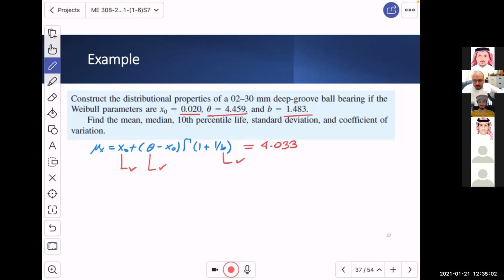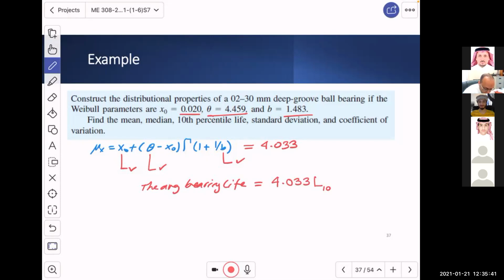This is x. This is the mu for x, the average for the dimensionless parameter. So when this is the average for the dimensionless parameter, what does that mean? It means that the average bearing life is equal to 4.033 what? L10.